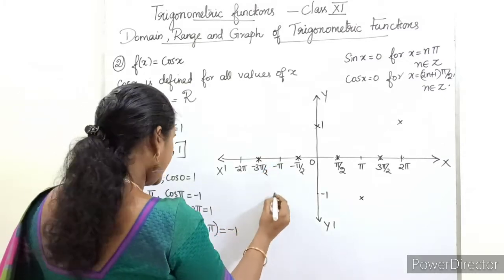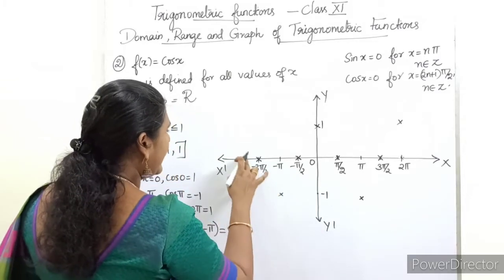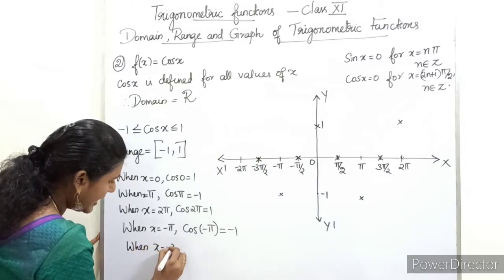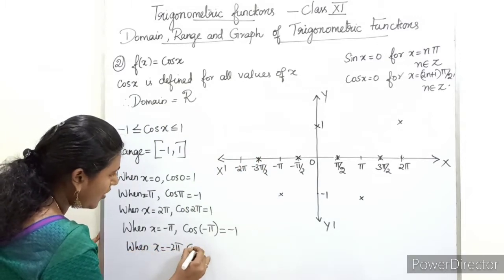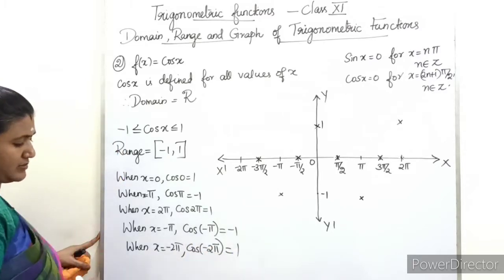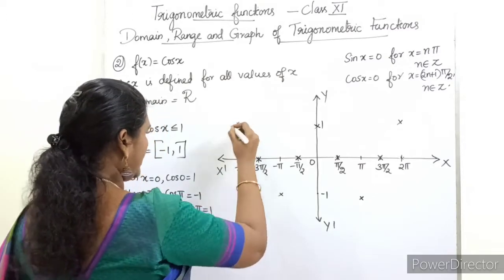So here we will mark. And again, when x is equal to minus 2 pi, cos of minus 2 pi is equal to 1.